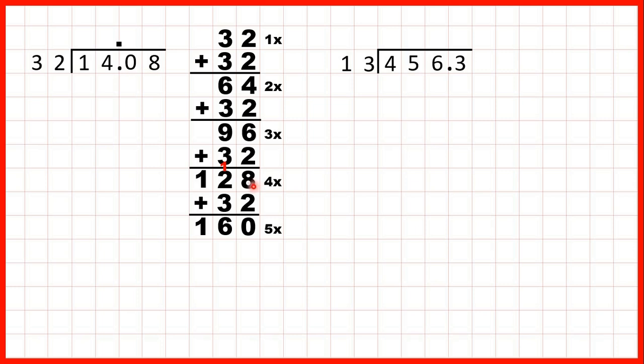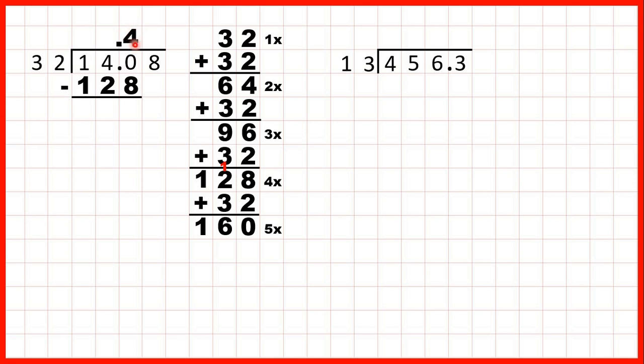128 is the closest number that's still less than 140, so we can write 128 under the 140, and because 128 is 4 times, we can write 4 in our answer line. Now here, because we have a decimal point, it's really important that we write this 4 in the correct place.